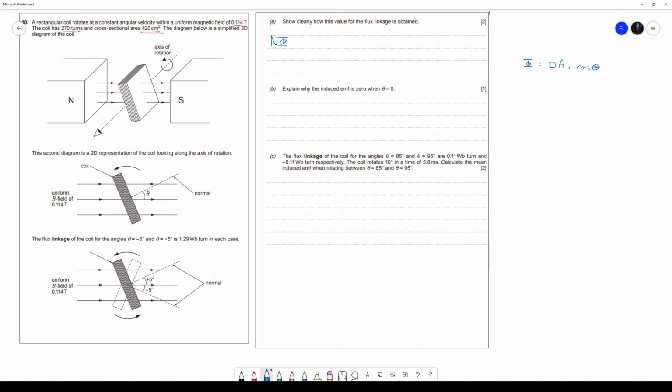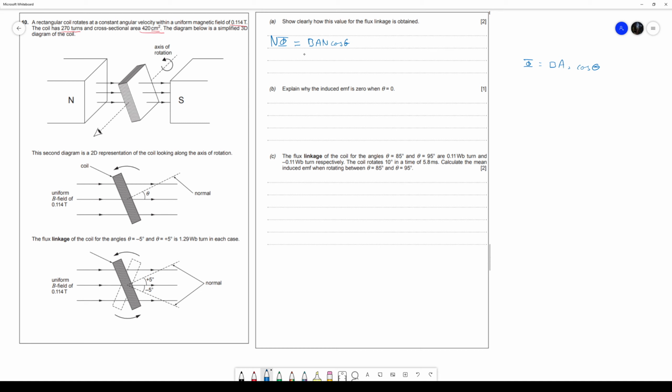This diagram makes it really clear. If theta was 90 degrees, no flux would pass through this area, none whatsoever. So we have to have that cos theta term in. So n phi therefore can be written as B A n cos theta. That may or may not be in the formula sheet. I can't really remember.